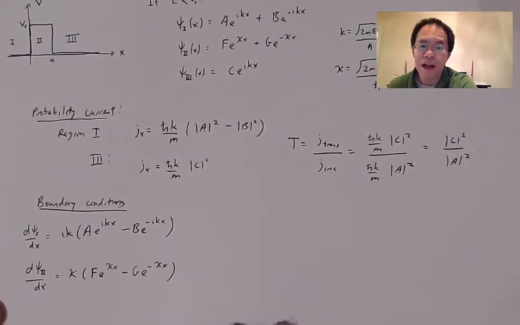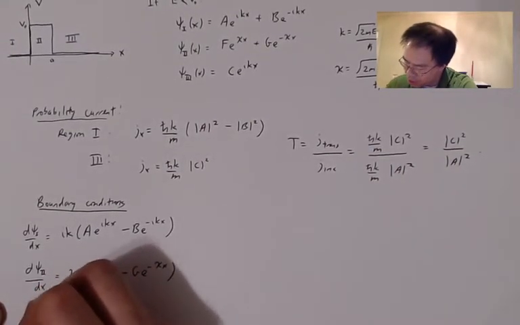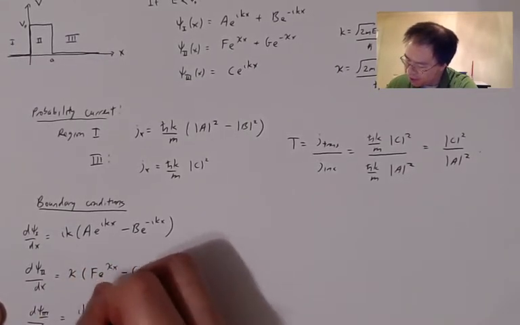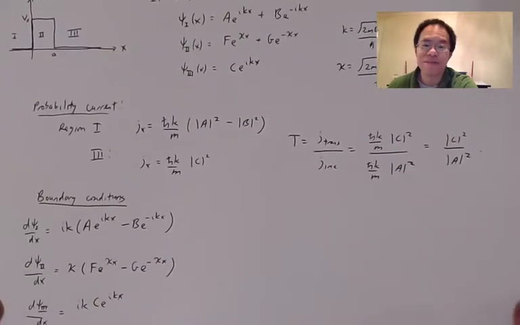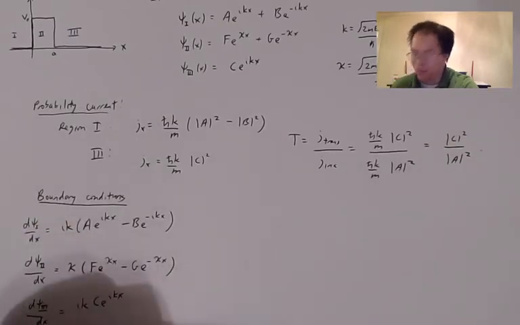Good. And then finally for here, dψ3/dx, this just pulls down an ik, and we get ik c e^(ikx). Okay, so we now just need to stitch this all together.